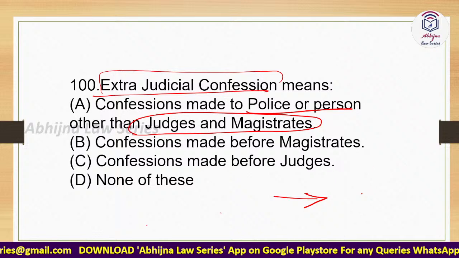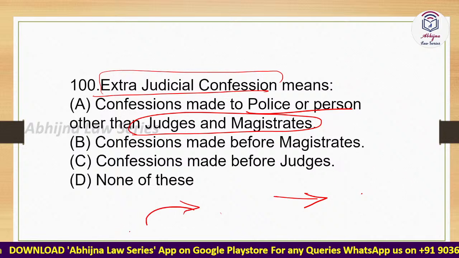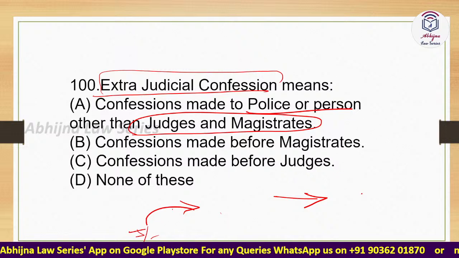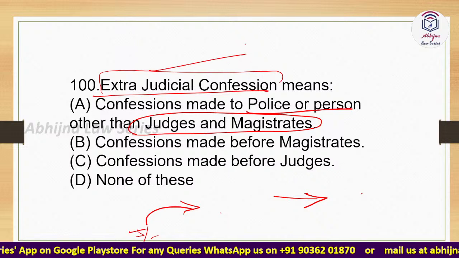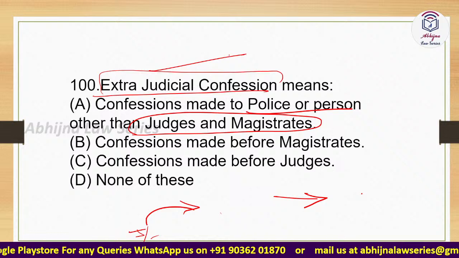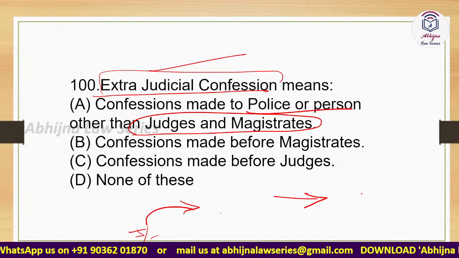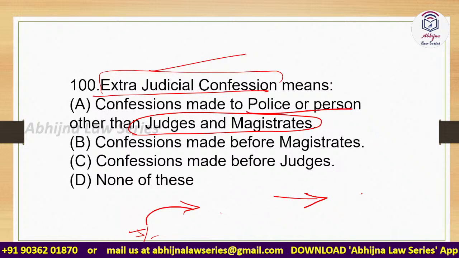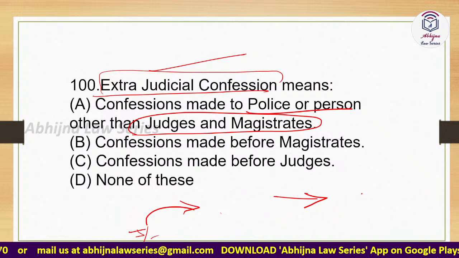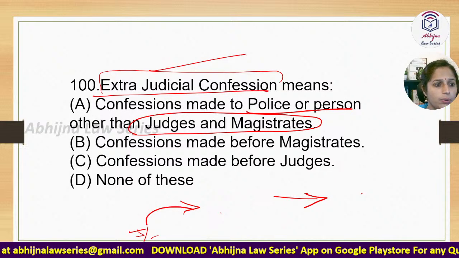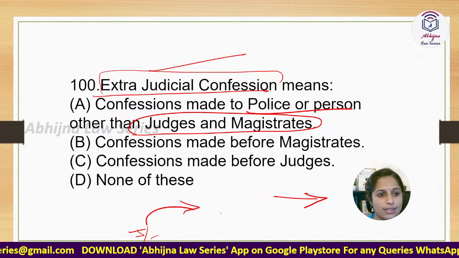But if it is made to other persons, it is said to be extrajudicial confession. It does not have much value. Confessions before the magistrate have much evidentiary value. That is the rule here. So this was all about today's class.